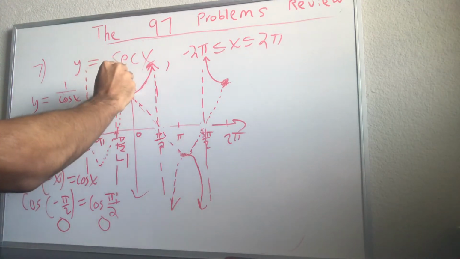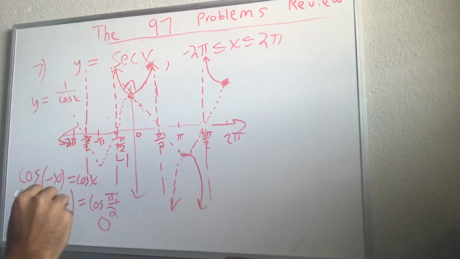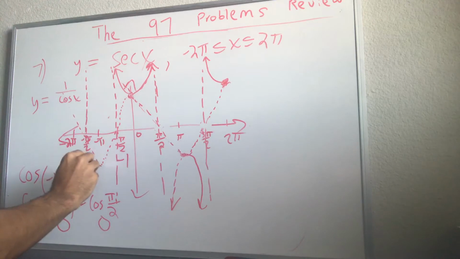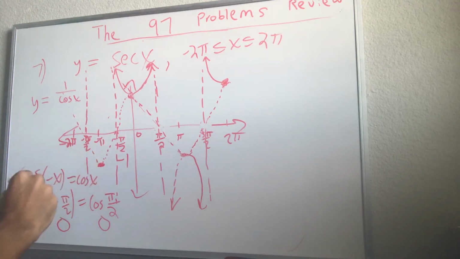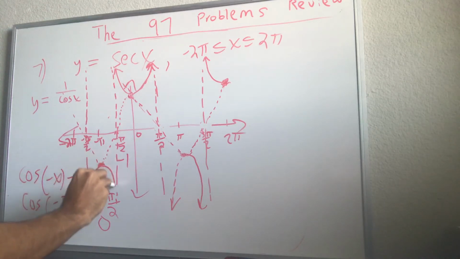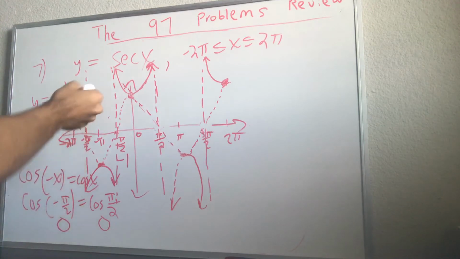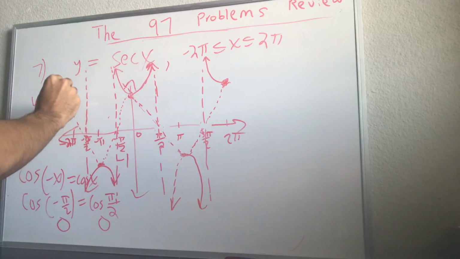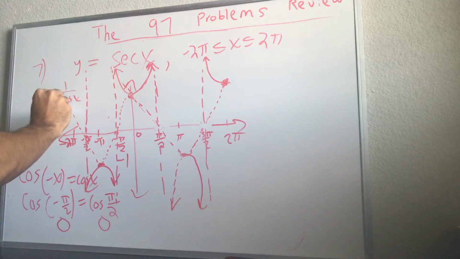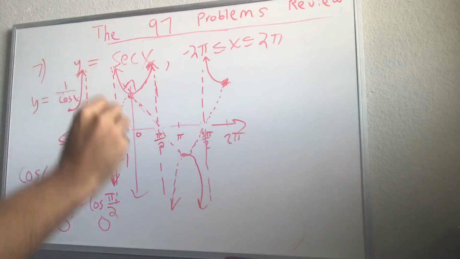So you have it going like this, and because this point is going to be part of secant of x, this is going to look something like that. And then you have a point here that's going to go something like that, right?